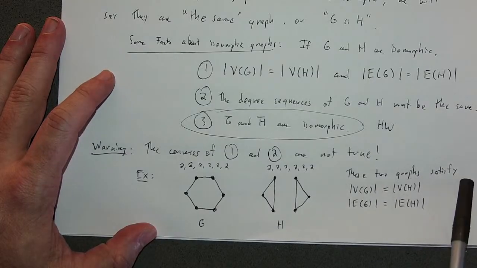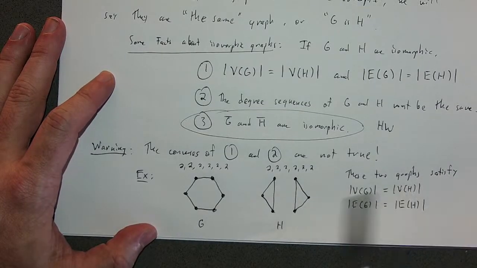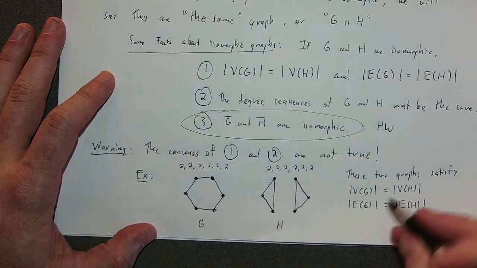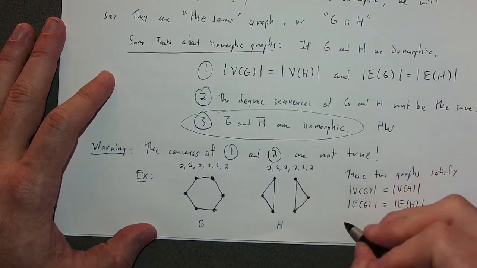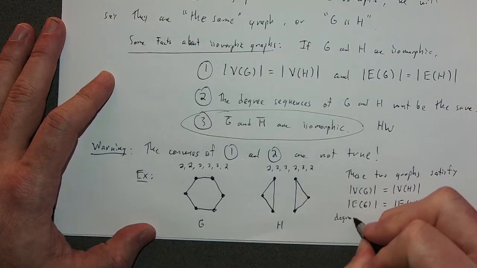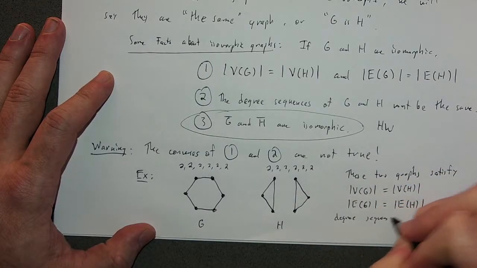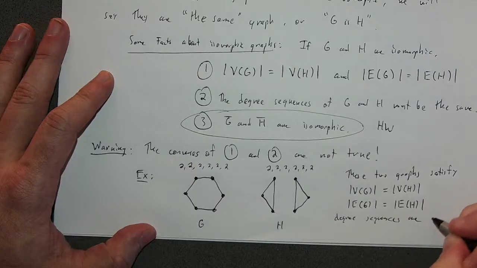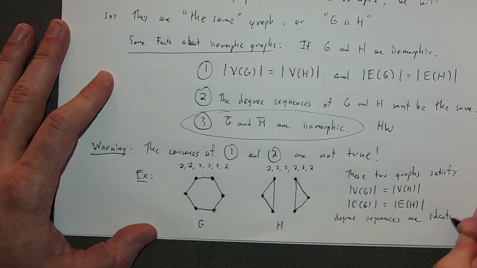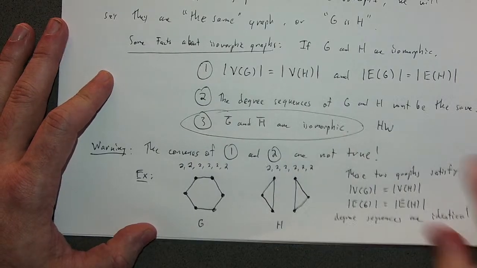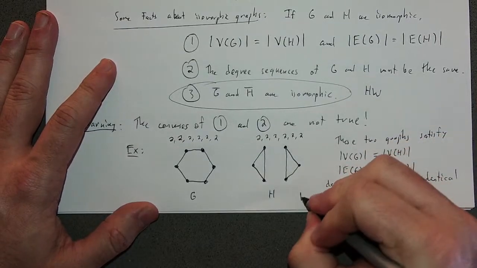So these two graphs satisfy: they have the same number of vertices, same number of edges, and their degree sequences are identical. But they are not isomorphic.